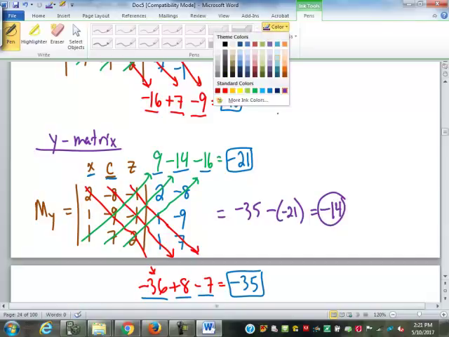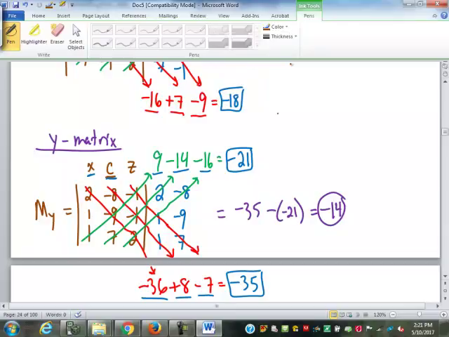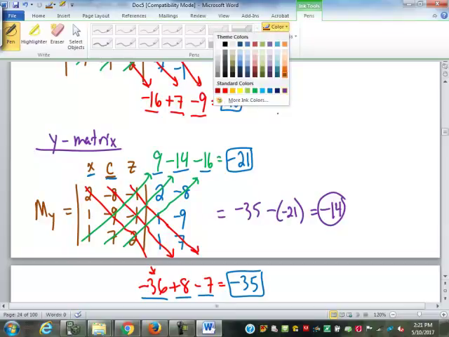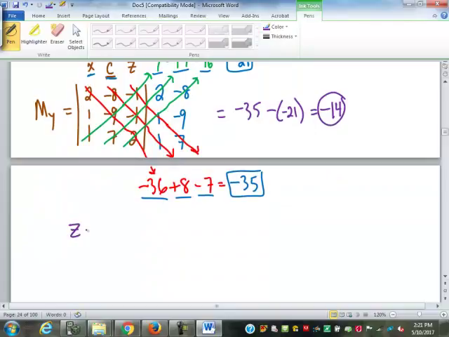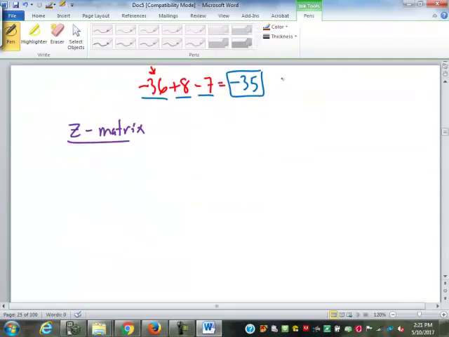Now we still have to do, because there's 3 variables here, we come up with a third matrix. It's called the Z matrix. And as you might have been able to predict, in the Z matrix, it is abbreviated MZ, and it is the Z coefficients that are replaced. So we have X's, it's going to be 2, 1, 1.